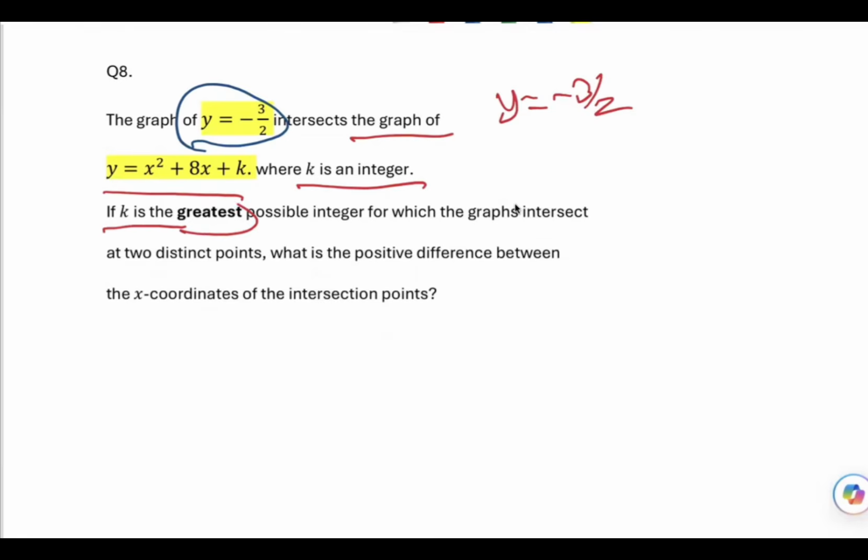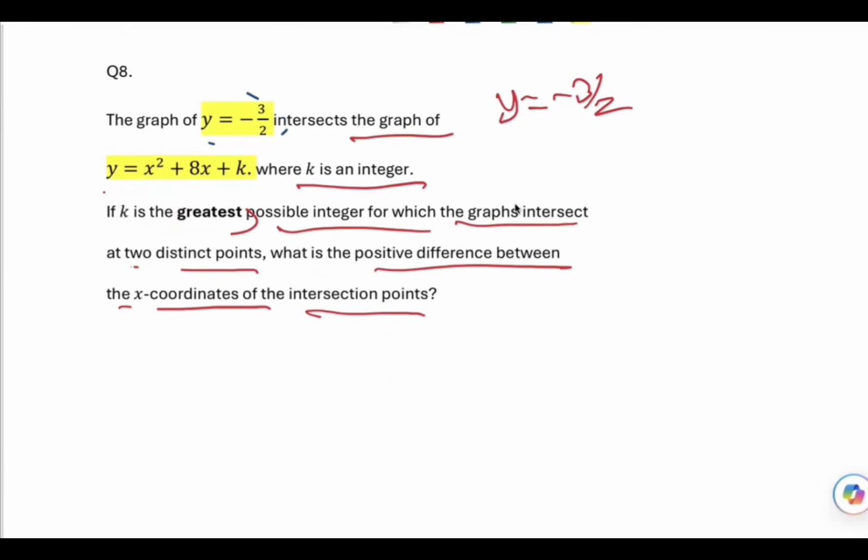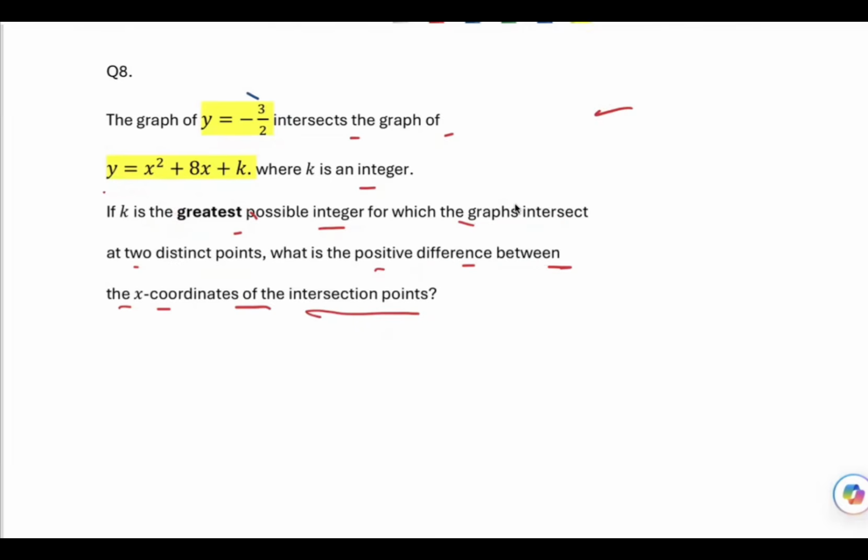If k is the greatest possible integer for which the graph intersects at 2 points, what is the positive difference between the x-coordinates of the intercepts? Read it again, understand what the question is asking, otherwise you're going to screw it up. It's asking you for the difference between the x-coordinates of the intercepts. That means the roots. That's all. Wherever they intersect between these two graphs, that's what you're going to do.